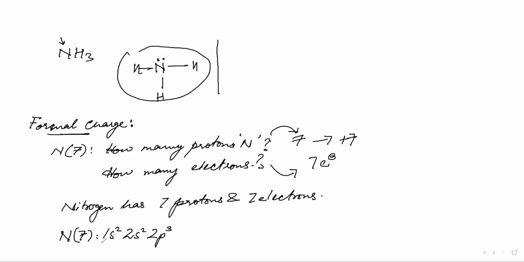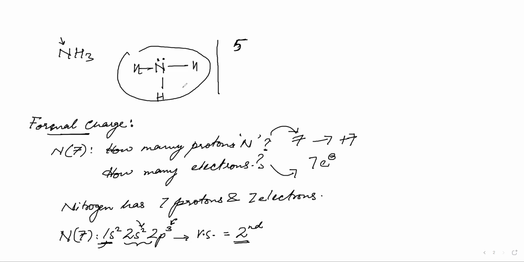Okay, that means I will ignore the inner shell electrons and just take the valence shell electrons. So how many valence shell electrons are there? 5, 5. 2 from here, 3 from here. Okay, and what is the valence shell? Valence shell is equal to 2, the second shell. Hence we have 5 electrons in the valence shell.